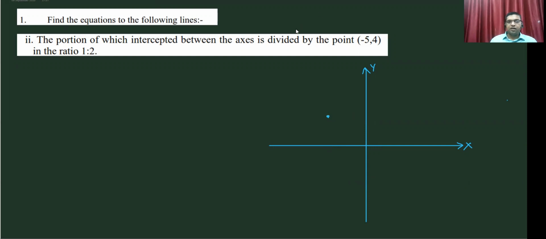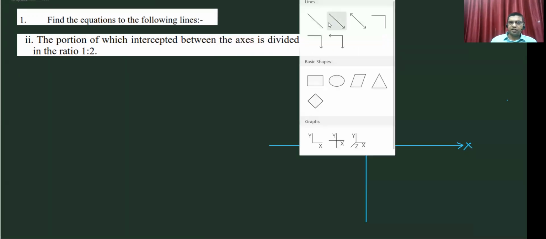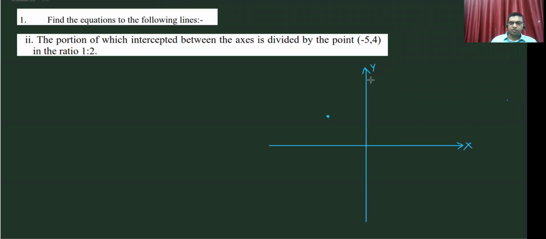Okay. Now, find the equation of the line, the portion of which intercepted between the axis is divided by this point in the ratio 1:2. So this is the line passing through this point.